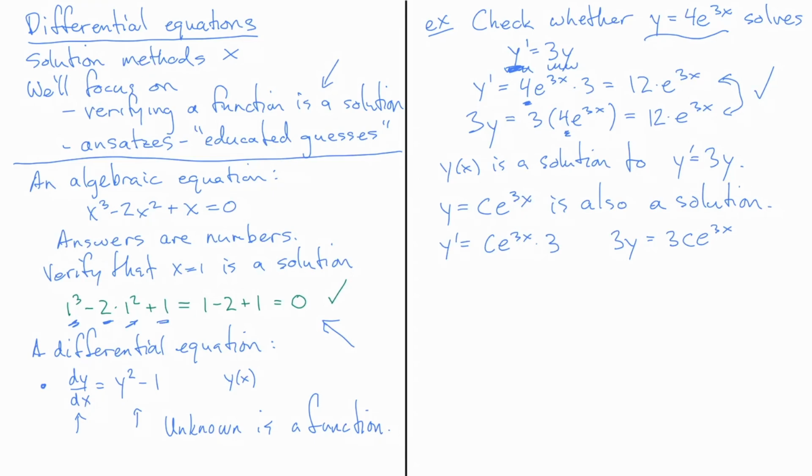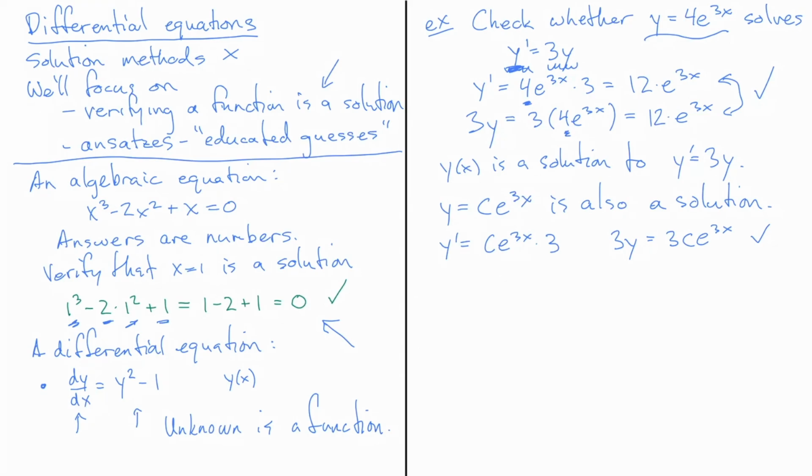And you can see it doesn't matter if we put the 3 in the front or in the back. These two are going to be equal, so we have found a general solution, which is a function that solves the differential equation and has an arbitrary constant in it. And we can pick that constant according to some extra rule that we call an initial condition.